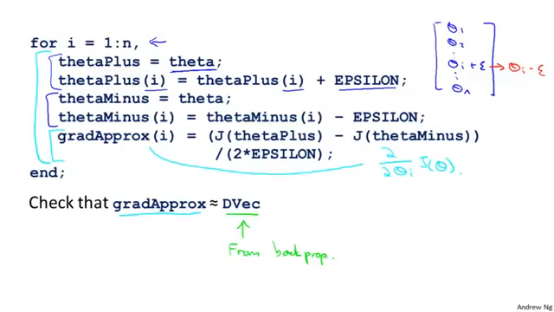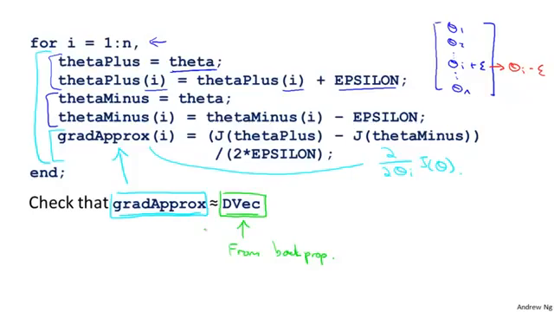What I usually do is then take my numerically computed derivative, that is this gradApprox that we just had from up here, and make sure that it is approximately equal, up to small values of numerical round off, to the DVec that I got from backprop.